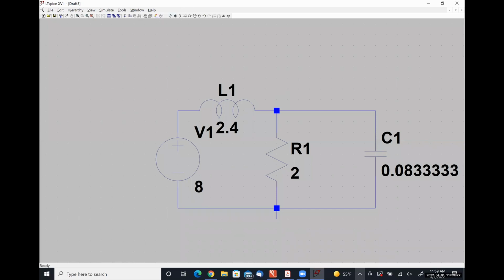I'm going to put ground at the bottom because that's where the negative polarity terminal of my capacitor was. I'm going to label the positive polarity terminal as VC again. And I missed. There we go. I'm going to put in my initial conditions.